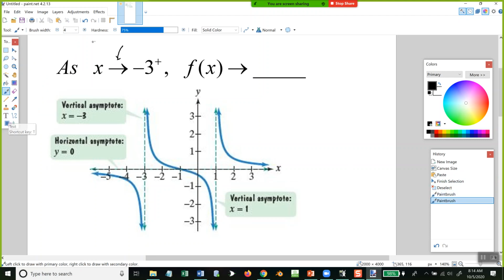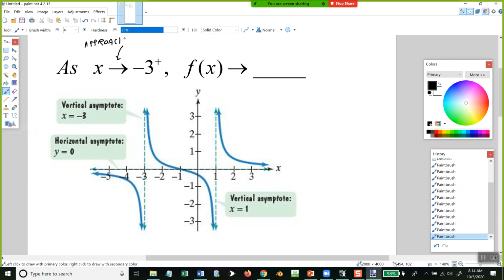This arrow here means approaches. This plus power means from the right-hand side. So we're wondering, as x approaches -3 from the right-hand side, what is f of x or y approaching or going to?